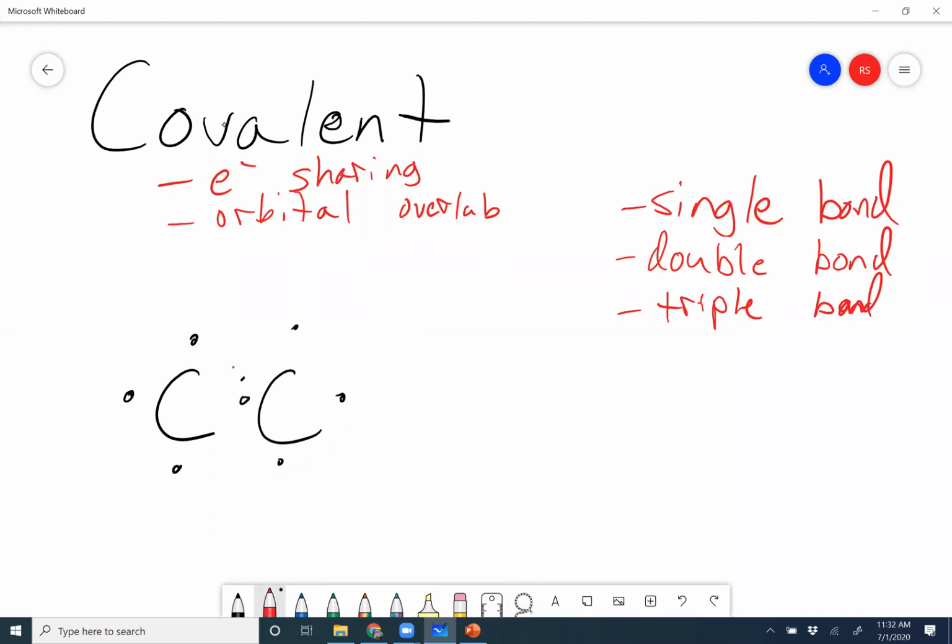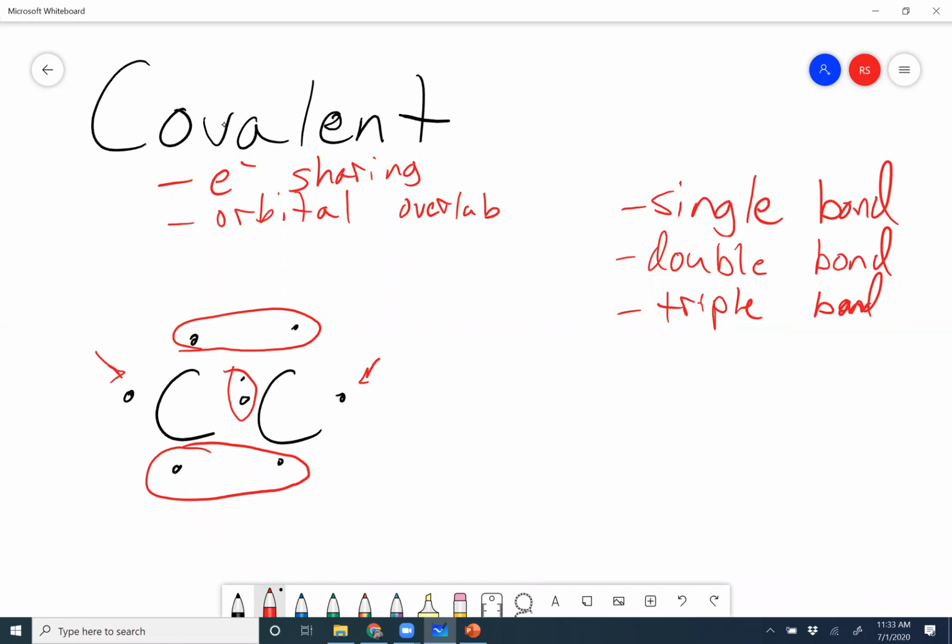And you'll notice we get 1 bond, so single, then we get double, then we get triple. But you'll notice that these bonding electrons out here are not in proximity of each other. Those 2 electron orbitals aren't able to get near each other, so you can't overlap them. And unfortunately, we don't have any quadruple bond.